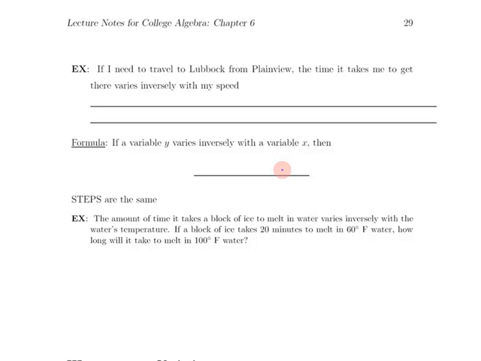Okay? So another, like we saw before, informal example might be something like the grade in this class is inversely proportional to, say, the time spent sleeping through the videos.